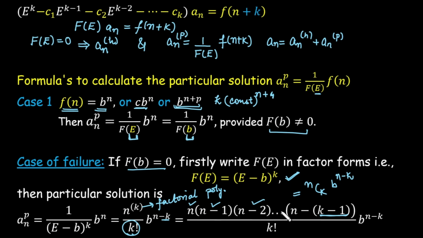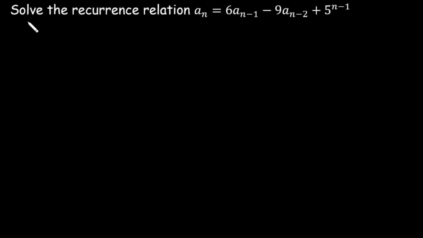Let's understand with the help of an example. The first example: solve this recurrence relation. First step, we take all the sequence terms on one side. So we can write a_n minus 6 a_(n-1) plus 9 a_(n-2) is equal to 5 raised to power n minus 1.